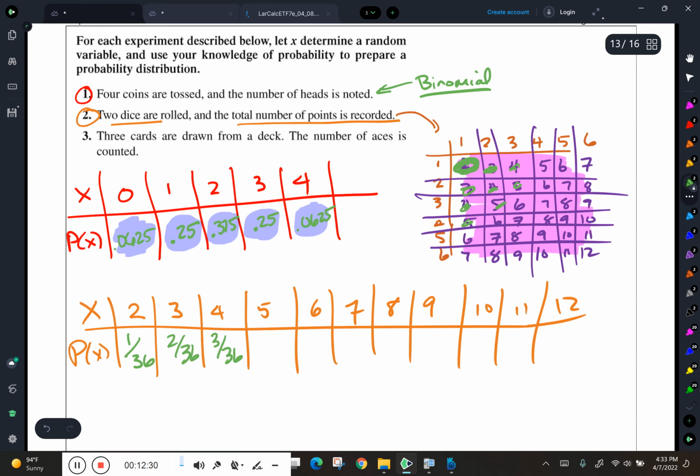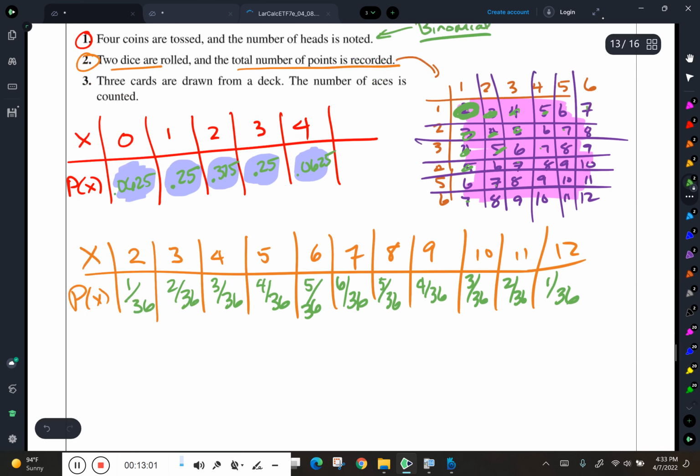There's 4 ways to roll a 5. There's 5 ways to roll a 6. There's 6 ways to roll a 7, 1, 2, 3, 4, 5, 6. And then it starts climbing back down. 5 out of 36, 4 out of 36, 3 out of 36, 2 out of 36, and then 1 out of 36.